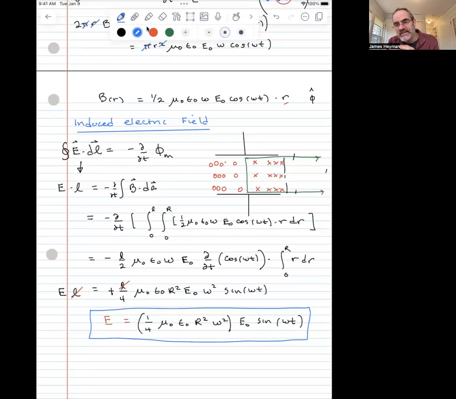And if that's the case, then this oscillating field can sustain itself, even if we first set up the field with our power supply and then take the power supply away. If this were perfectly conducting, the electromagnetic oscillation that we set up would persist indefinitely.